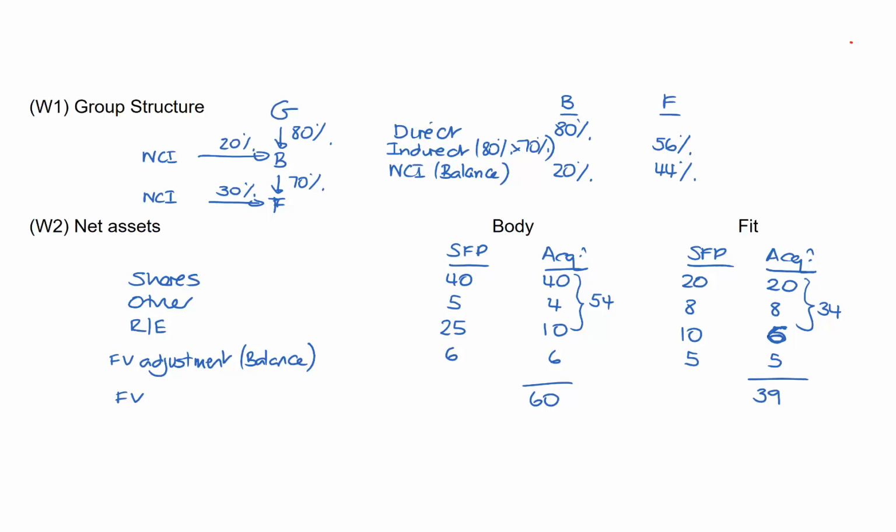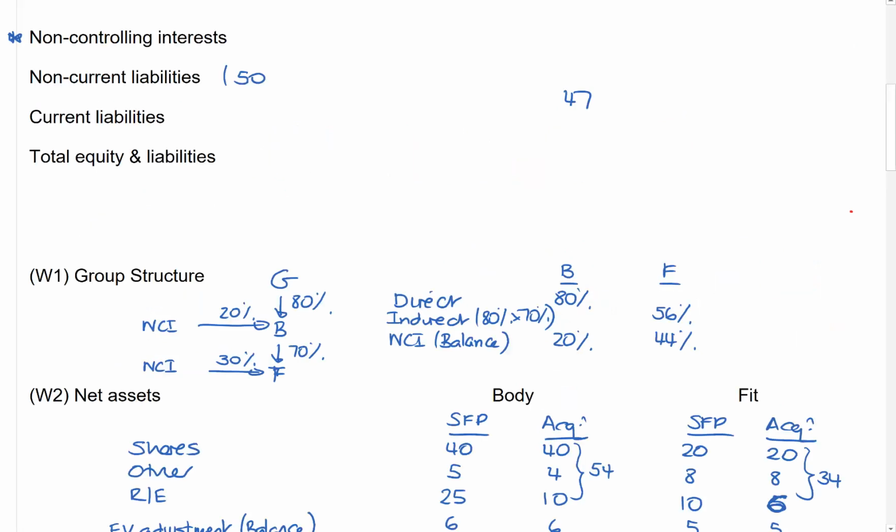On the acquisition of Body by Glove, valuation experts valued the trade names at 5 million. Now, when you acquire a company, you acquire all of its assets, including its intangible assets. This is an intangible asset which has a value that is separate to that of goodwill. We are told that that trade name has a value of 5 million.